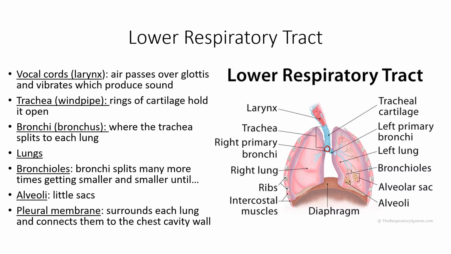Alveoli look like a cluster of grapes, if you will, but these are little sacs which are just big enough to allow for gas exchange between your red blood cells and the air that you breathe in.